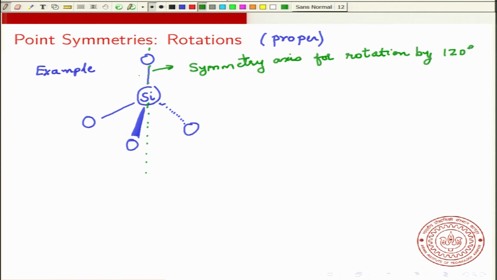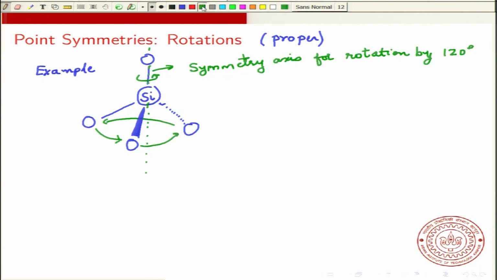So if I rotate by 120 degrees, this oxygen will come to this oxygen, this will come to this, and essentially you will get a structure that looks identical to the original silicate structure. So that is what happens when you do a rotation by 120 degrees.